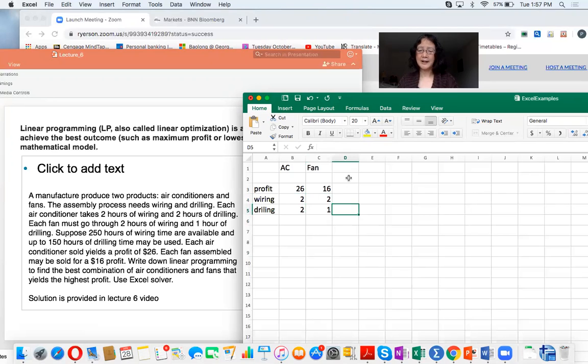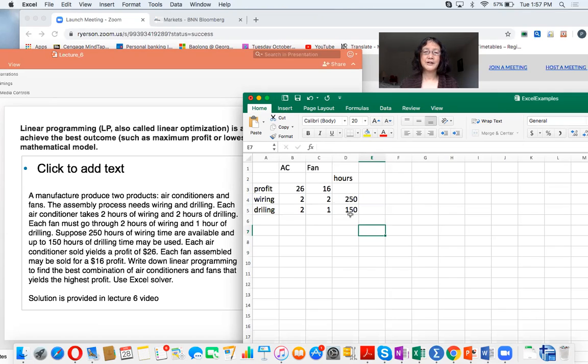And you also have the hours. Maximum hour for wiring, 250. So you can see this context here. Maximum hour for drilling, 150.